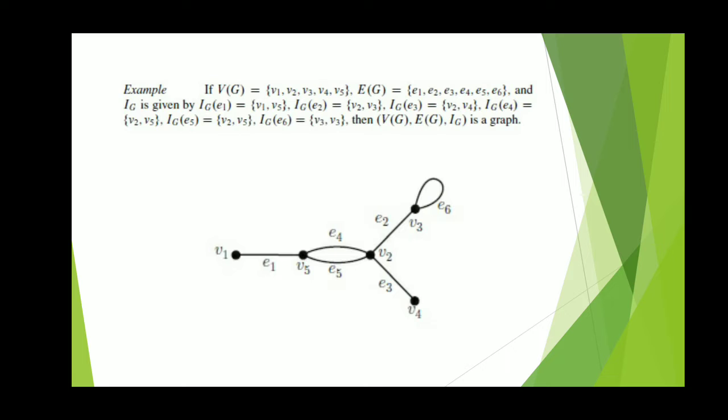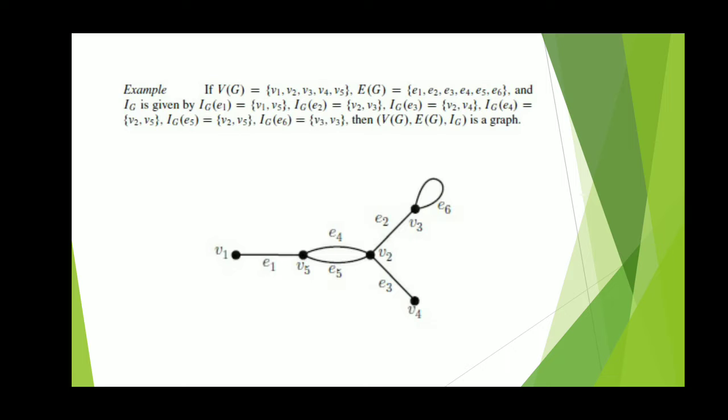Like that, E2 is formed by connecting V2 and V3, and by connecting V2 and V5 we form the 2 edges E4 and E5. The incidence relation of the edge E6 is by connecting V3 to itself.